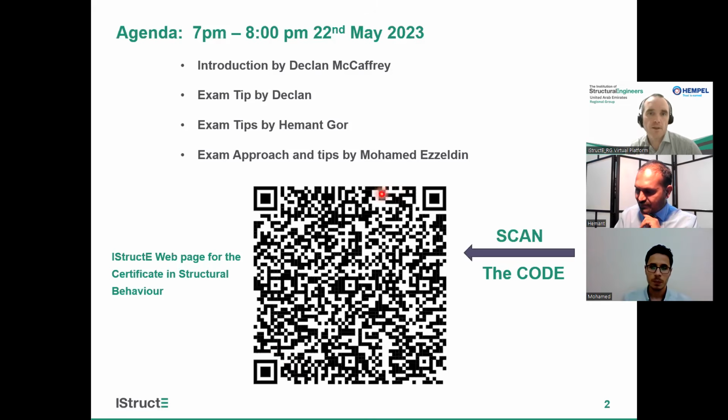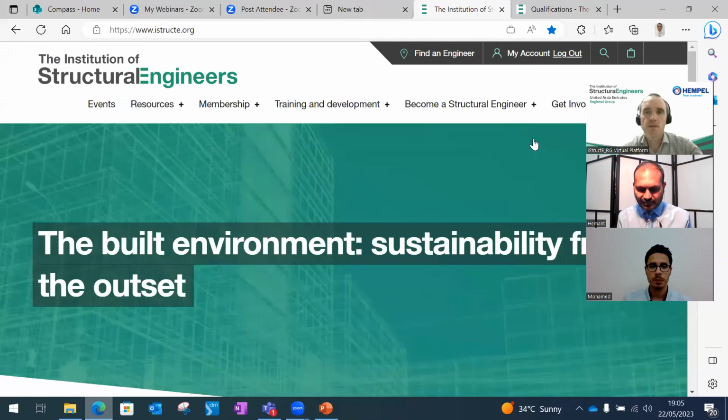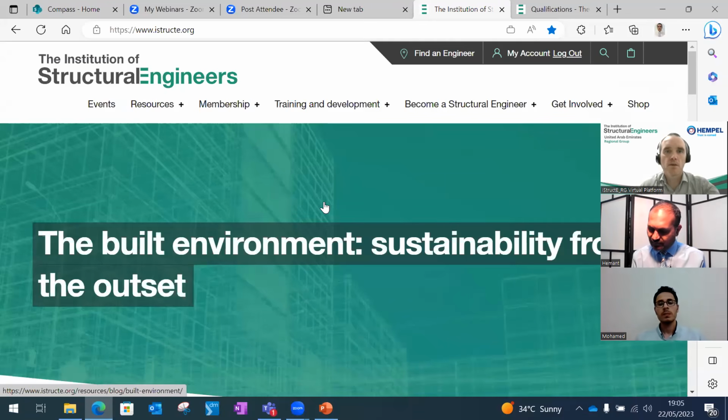Anyone online, you can scan this QR code and it'll bring you to the GIStructE page that's got all you need to know about registering for the exam. I'm just going to quickly go to that web page. This is the GIStructE homepage.